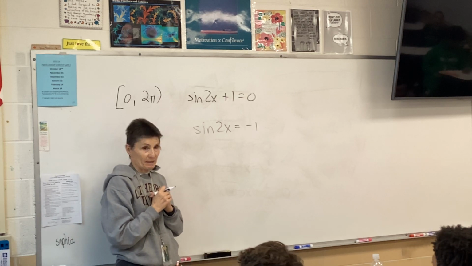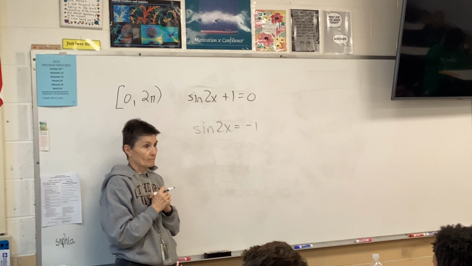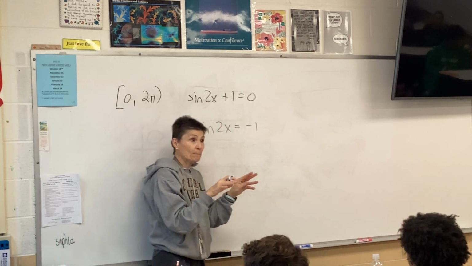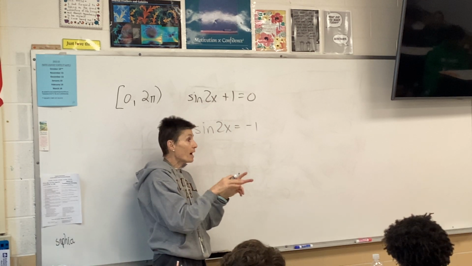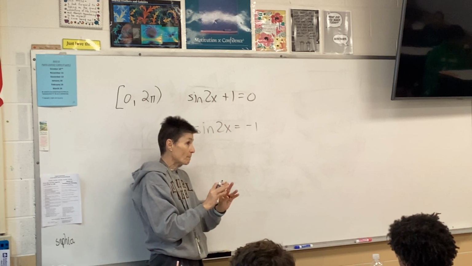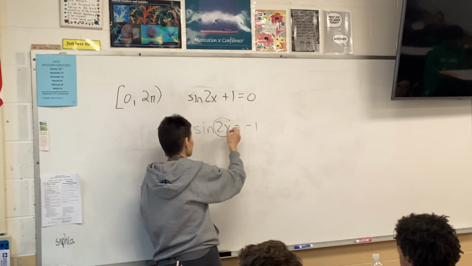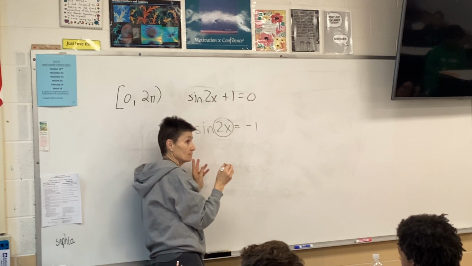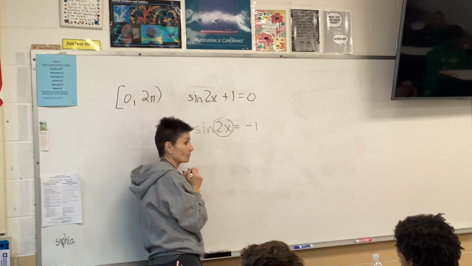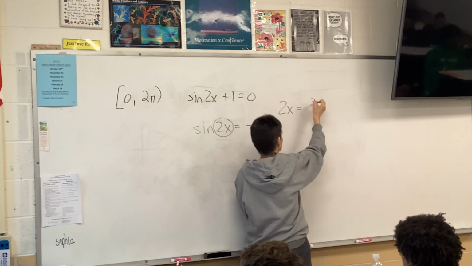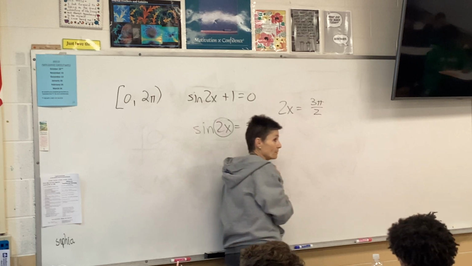Where does that happen? 3 pi over 2. So the only place that the sine can equal negative 1 is at 3 pi over 2. Would you agree with that? So whatever this angle is, it has to be 3 pi over 2. In other words, 2x must equal 3 pi over 2.